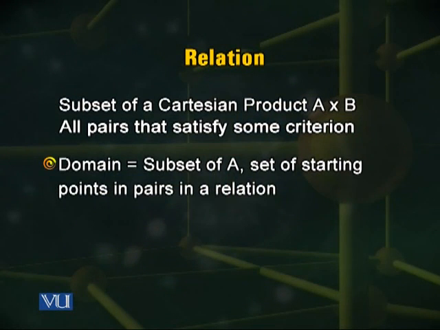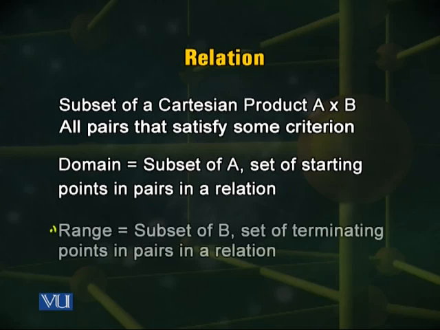That is, if we are forming a Cartesian product between set A and set B and then take a subset of this Cartesian product, then all the elements in this subset which are being used from the first set form the set called domain, and definitely this set is a subset of set A. Similarly, all the elements in the relation which are coming from the second set are called range.